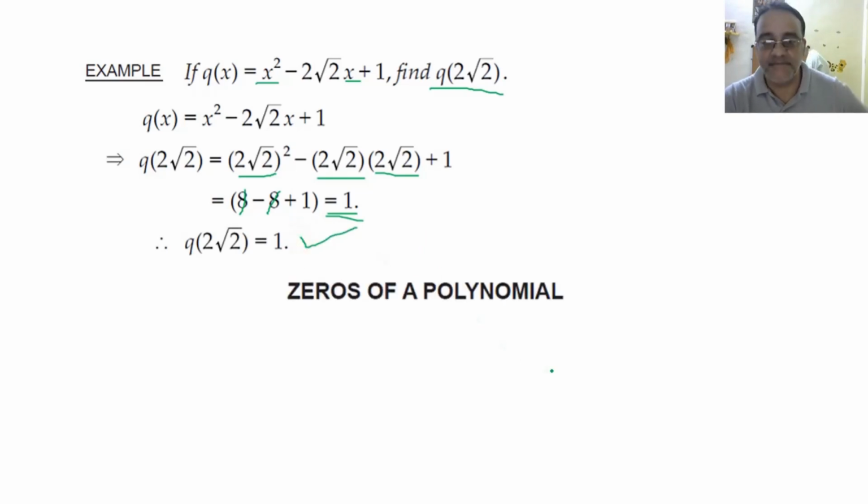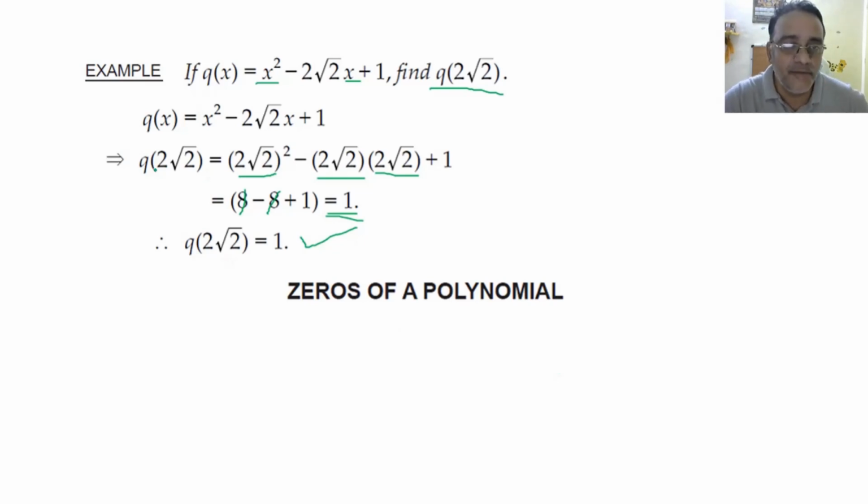No, let's come to zeros, it's taking more time now, it's 9:30. Zeros of a polynomial. It's a very simple concept: the value of x for which the polynomial becomes 0. I repeat, the value of x for which the polynomial becomes 0.